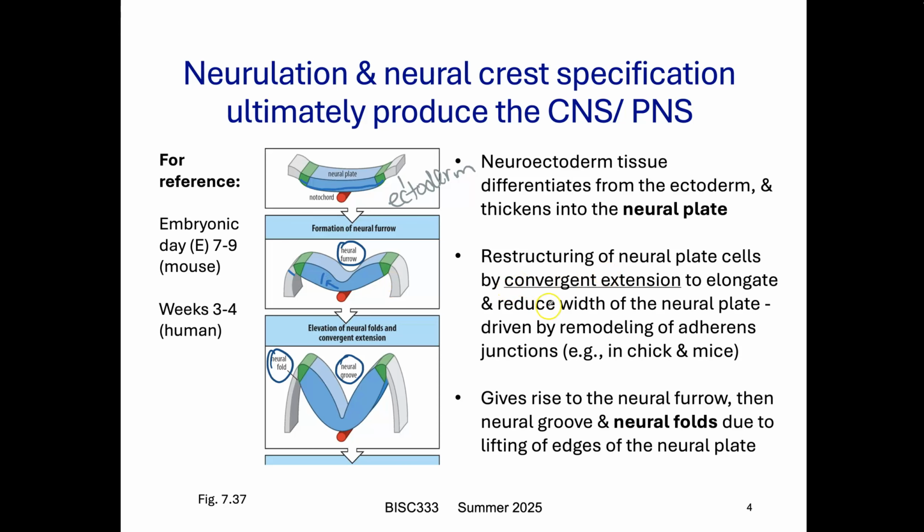Then convergent extension happens to elongate this region so that it forms a larger area, because it has to reach around and make a tube. And there is remodeling of adherens junctions.